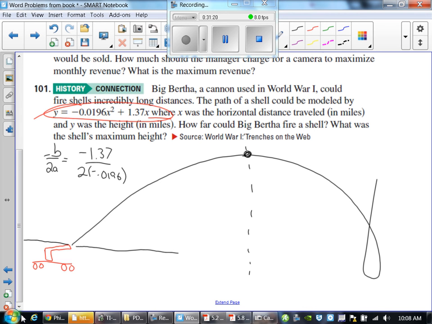No, you're wrong. Try again. You forgot to take the first value. We have negative 1.37 over 2 times negative 0.0196.